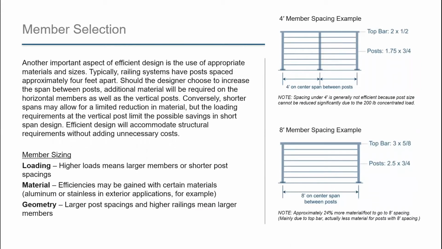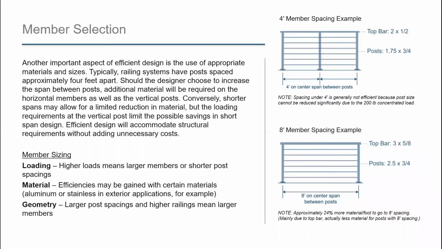Now we'll address our third S, which is style, when we talk about member selection. Member sizing is driven by 3 major factors: loading, material, and geometry. Loading, we previously discussed, and the connection to member sizing is fairly obvious. It should make some intuitive sense to you. Larger imposed loads result in larger members to resist them.